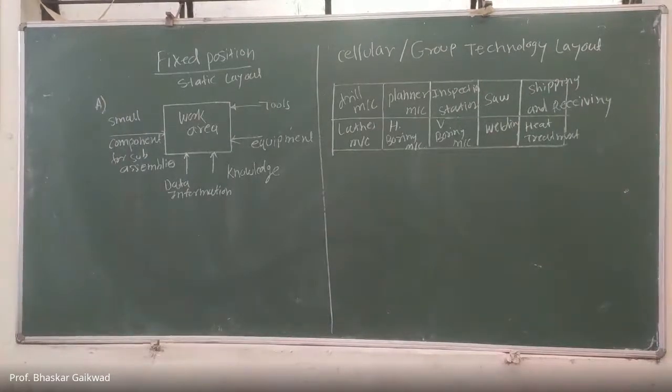Main disadvantages: the initial capital cost for product or line layout is very high, it is inflexible, and there is no scope for further expansion. The stoppage of one of the machines stops the whole line. These things always appear in the product layout.